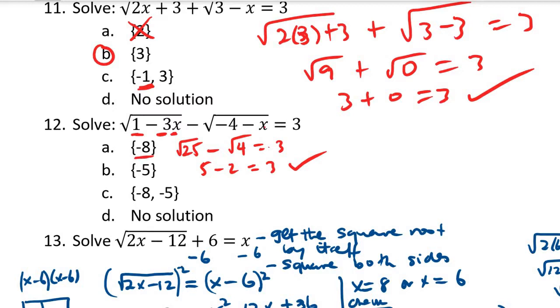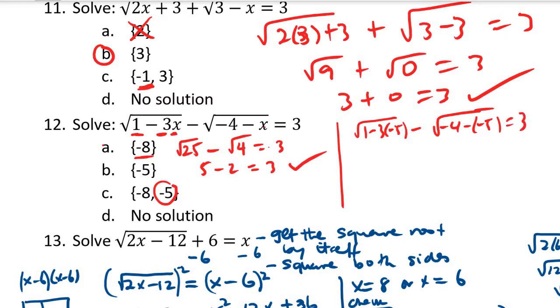But before we select, we have to check for negative 5 also. Maybe it's A or C. All right, so let's check negative 5. The square root of 1 minus 3 times negative 5, that will be 3 times 5, 15, plus 1, the square root of 16, minus the square root of negative 5 plus 5, which is 1.